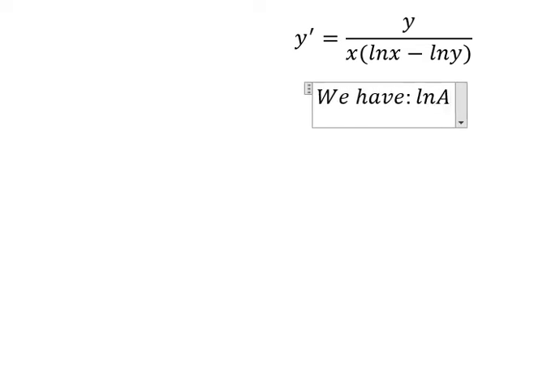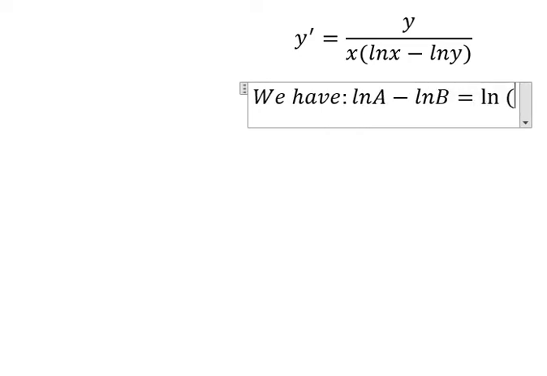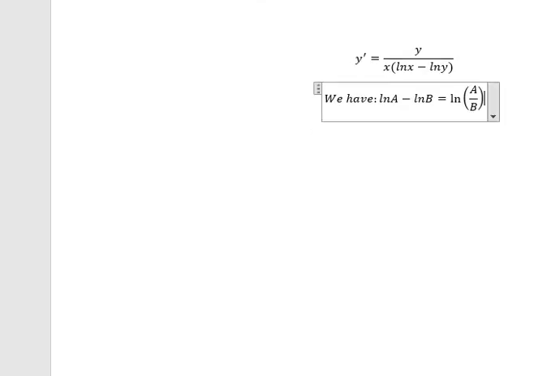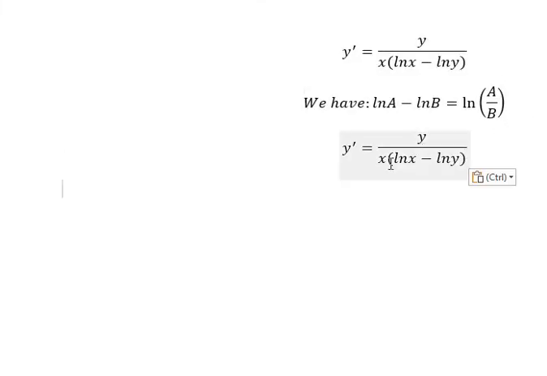ln a minus ln b equals ln a over b. So, in this situation, we need to transform this one into this one, and we have ln of s over y.